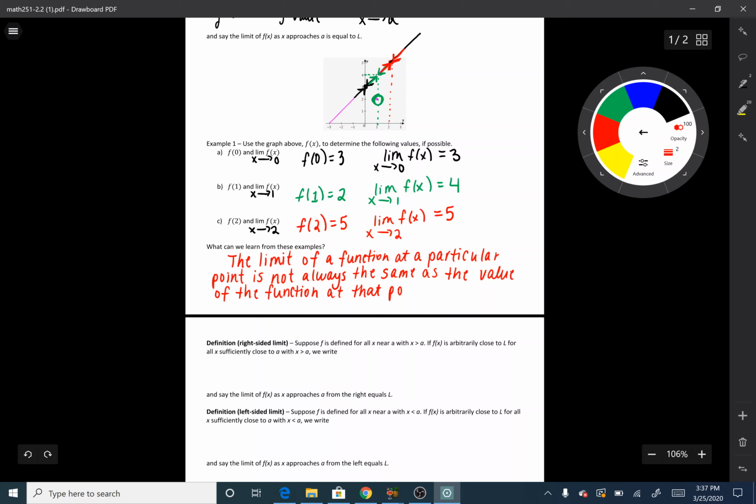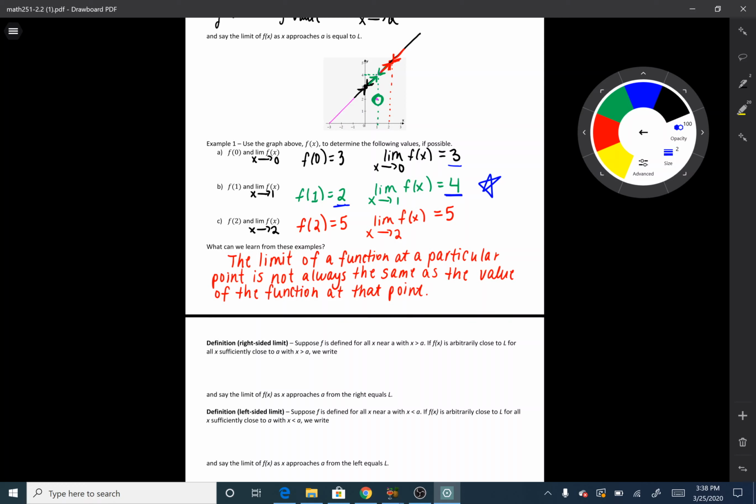So we saw this in part B of this first example. Here in part B, the limit was 4 as x approached 1, but the function evaluated at 1 was 2. These two y values are different, and that's okay because the limit will not always be the function evaluated at that point. I also want to emphasize that the limit here, we have 3, 4, 5.